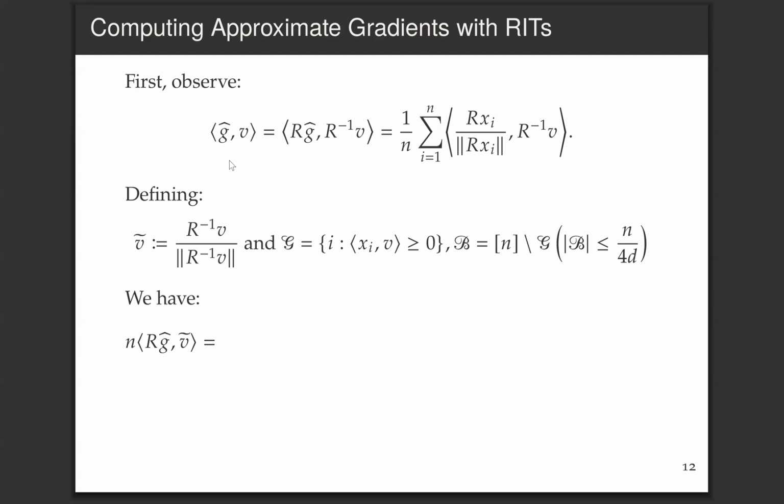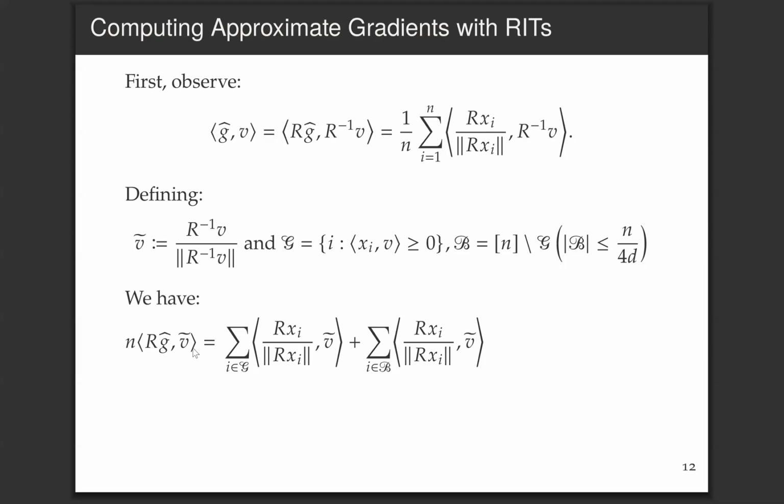Now, why is this true? I'm going to multiply this equation by n on the left-hand side. So n times the inner product of r times the approximate gradient with v tilde, and I'm going to write it down in terms of the sum over the good and bad points separately.